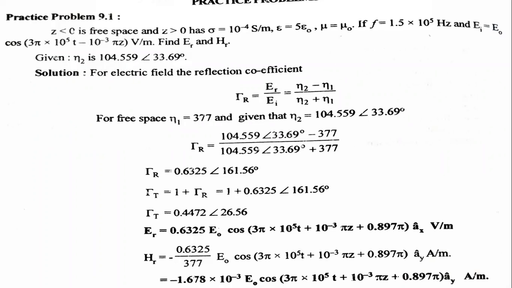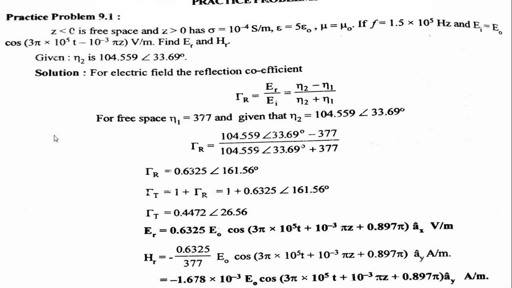That is the ratio of Er and Ei, the electric field at reflection and the electric field at incidence. Directly we are not having the values of Er and Ei, but we can find it with the help of the intrinsic impedances, that is eta 1 and eta 2.